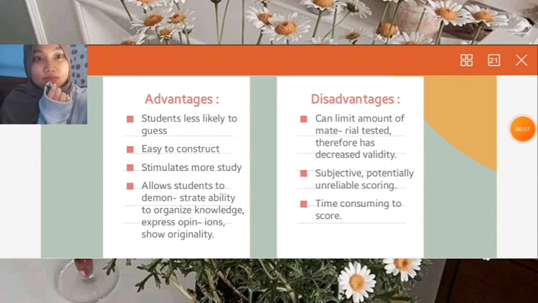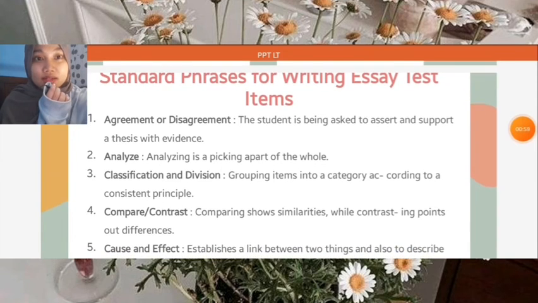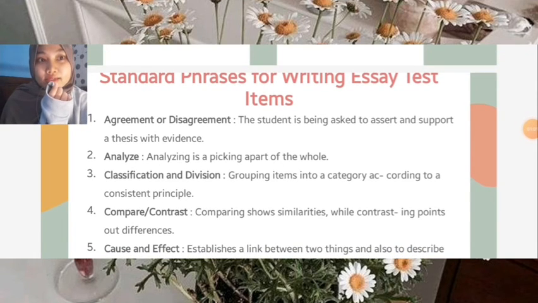The next is standard prompts for writing essay test items. The first, agreement or disagreement. It means the student is being asked to assert and support a thesis with evidence. The second, analyze. It means analyzing is picking apart the whole.